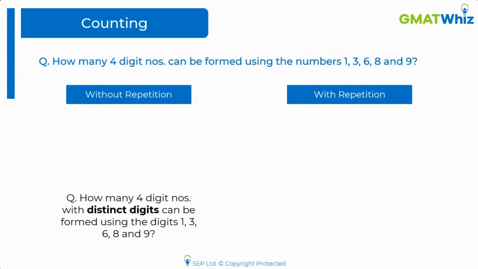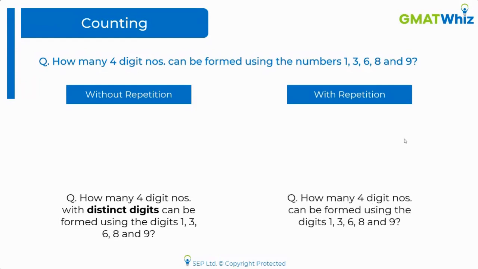The 4-digit number should have distinct digits, so those should not have the same digits. For example, I cannot have 1 twice. In that case, it basically means it's a without repetition question. But worded as is, I would consider this a repetition question. You can actually go for repetition in this case.